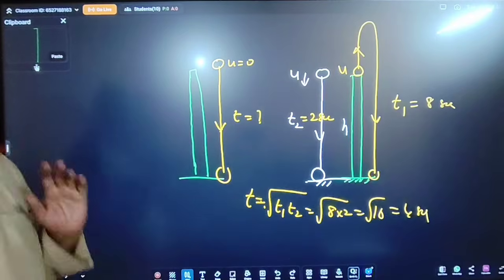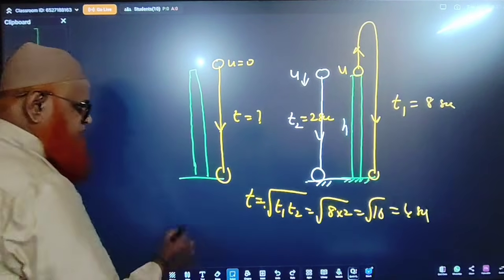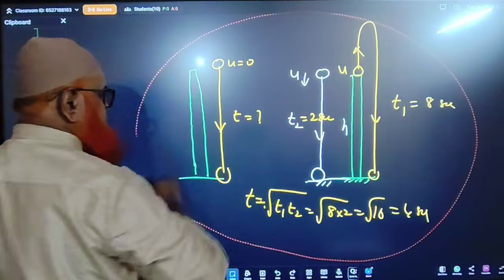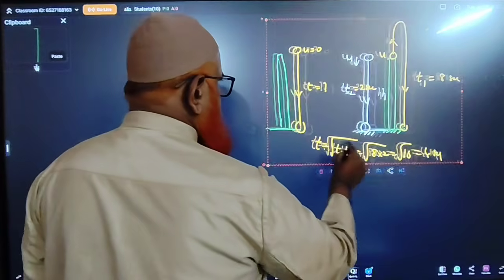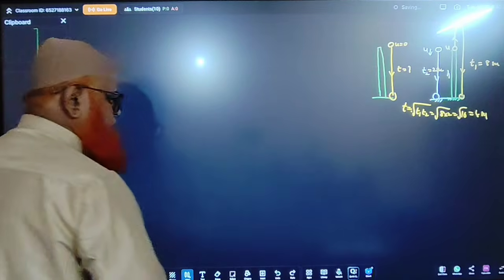Then what is the concept behind this? That's very important. Try to understand the concept behind this problem.